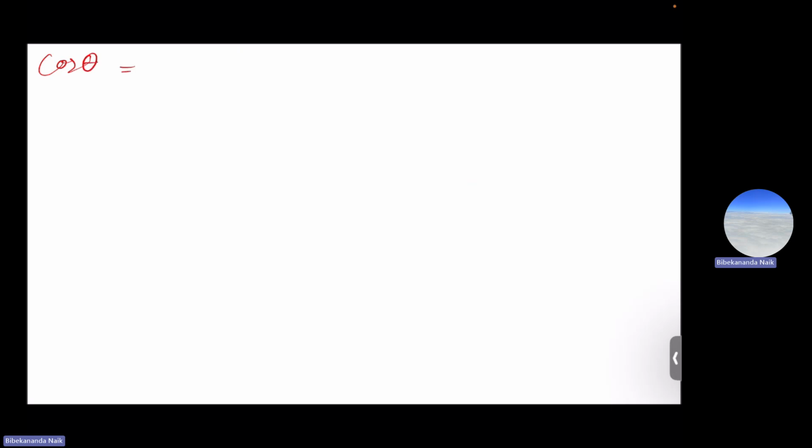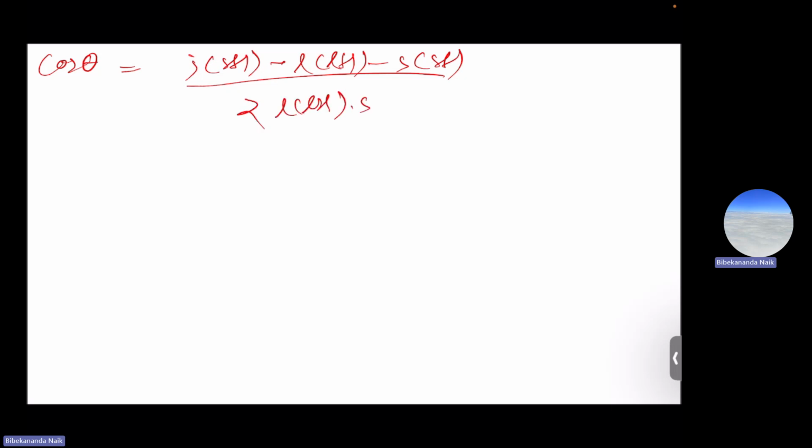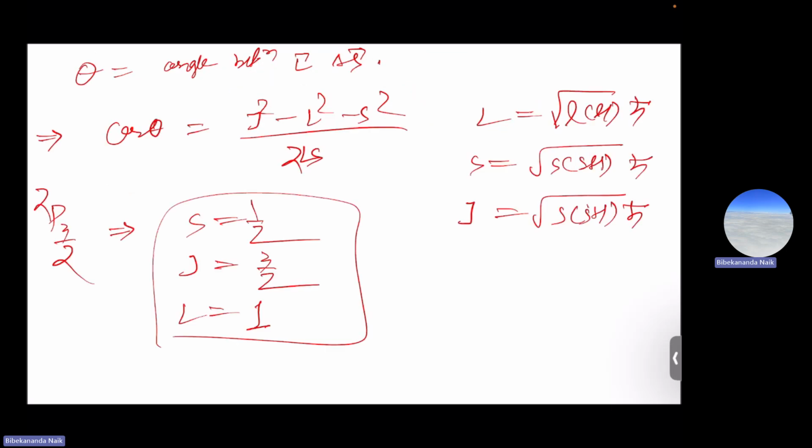So cos theta is J into J plus 1 minus L into L plus 1 minus S into S plus 1 divided by 2 L into L plus 1 into S into S plus 1. So here it will be h cross square, here it will be h cross square, so they cancelled out. So J is 3 by 2, S is half, L is 1.